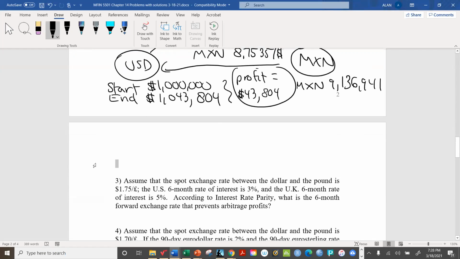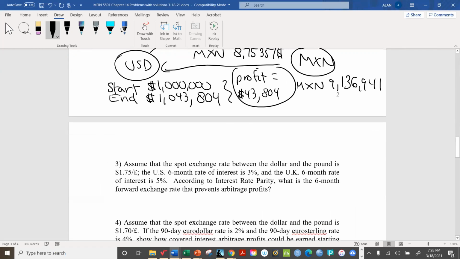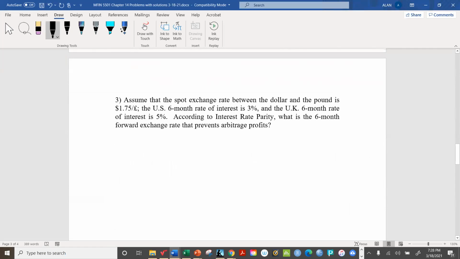Now, how about these? Well, let's see. We've got the 6-month spot exchange rate between the dollar and the pound is 1.75, $1.75 per pound. The US 6-month rate is 3%. For the UK, it is 6%, or 5%.